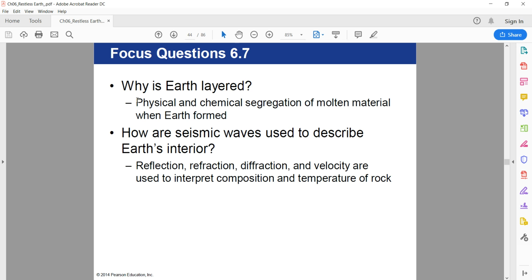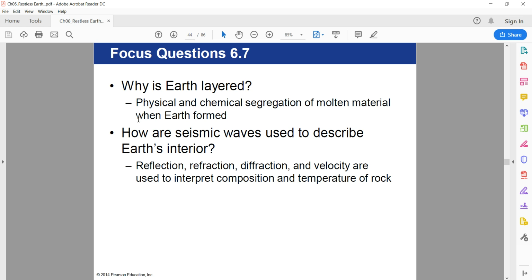Why is Earth layered? Physical and chemical segregation of molten material. As I discussed earlier, there is a buoyancy-driven segregation of material due to density difference. These materials accumulate at different depths of the Earth. The lighter material will rise toward the surface, the denser material will make the core of the Earth.